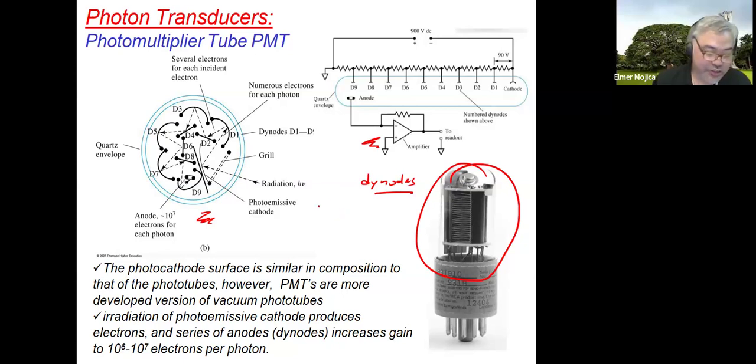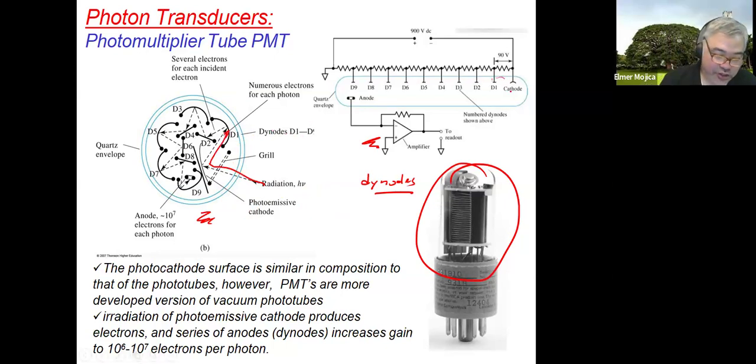When radiation strikes the photosensitive cathode, it gives rise to photoelectrons. So where's D1? Dynode D1 to D9. Once there's radiation, it goes to D1, so they are aligned here.